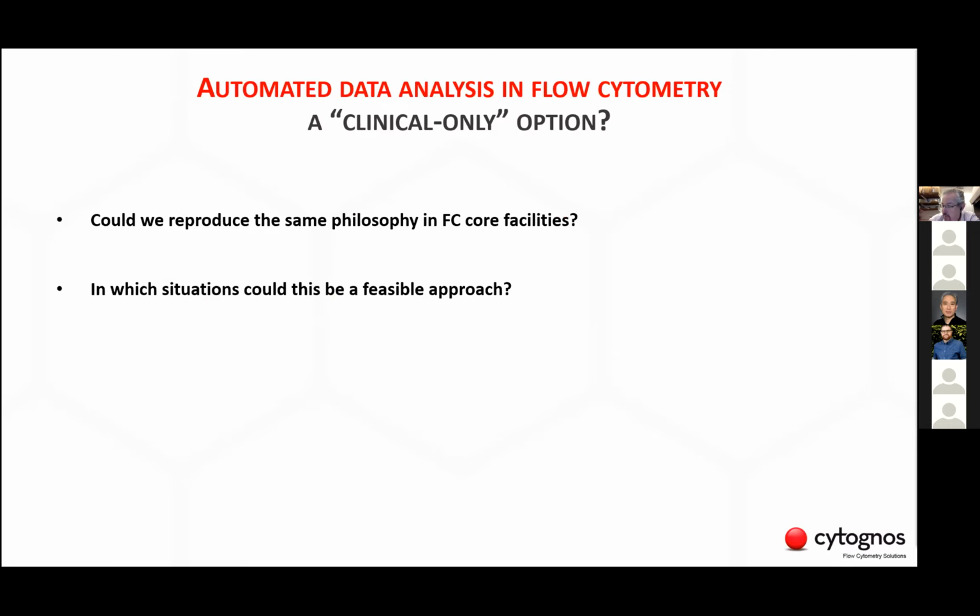For example, something that comes to my mind is several groups working in animal models, in mouse models of cancer, and they want to see the effect of different mutations on the tumor infiltrating leukocytes. So would it be feasible to have a common panel for all the groups to identify those infiltrating leukocytes and use these databases to standardize the analysis and share the information among the groups?